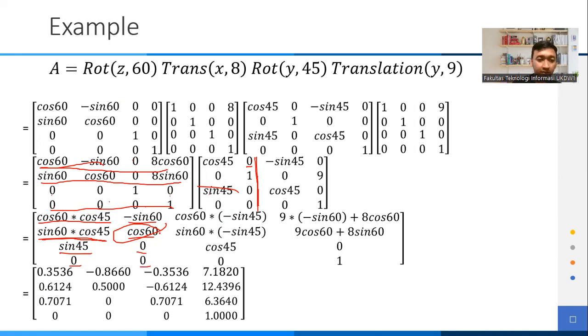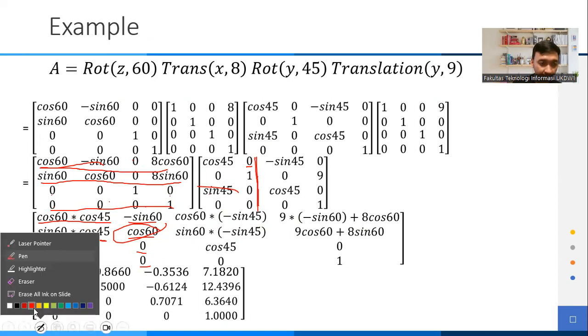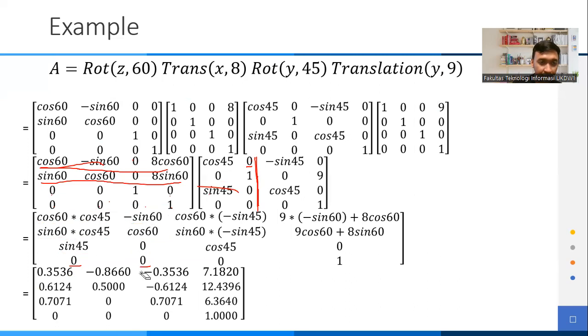And we can repeat the process for multiplying the matrix until we get all of the matrix elements. After that, we can see our result like this one. And after this, we can calculate the value.